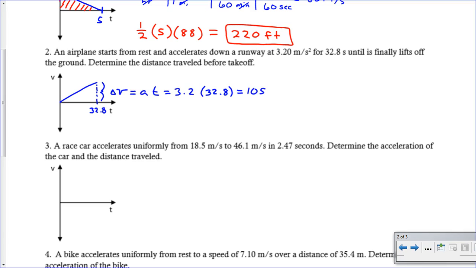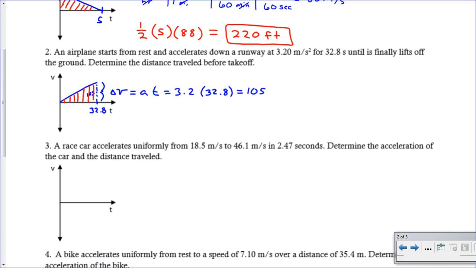So that gives us this side here is roughly 105. So what we're going to do then is take 1/2 base times height again on this triangle to figure out what the area of this part here is.